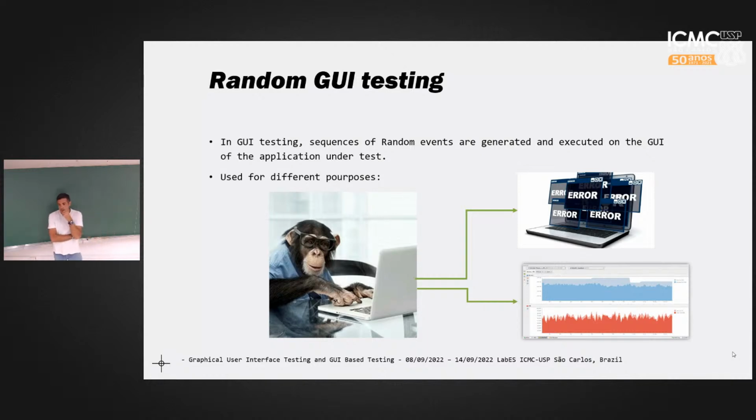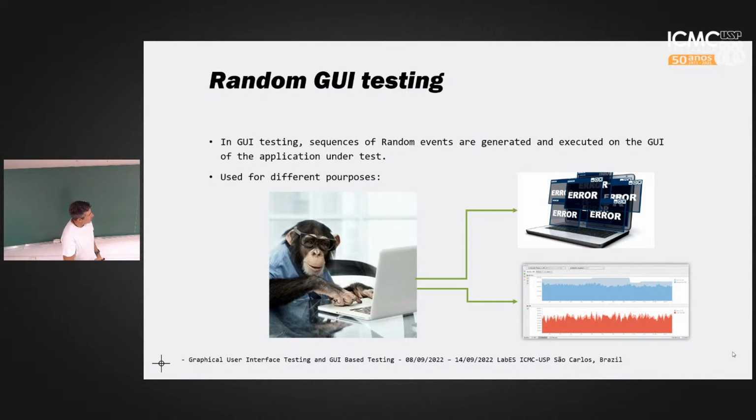As we discussed in these days, a GUI-based test case is made by a sequence of events. In random GUI testing, a test case is given by sequences of random events on the GUI.